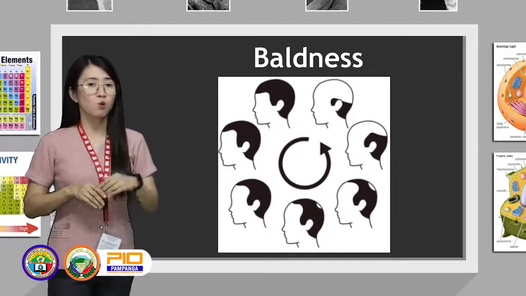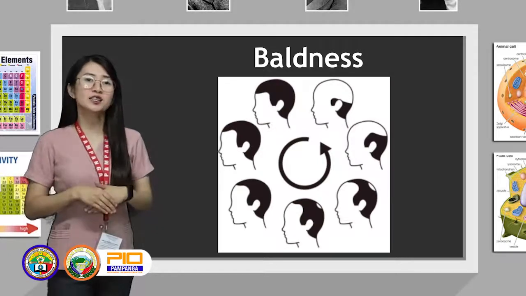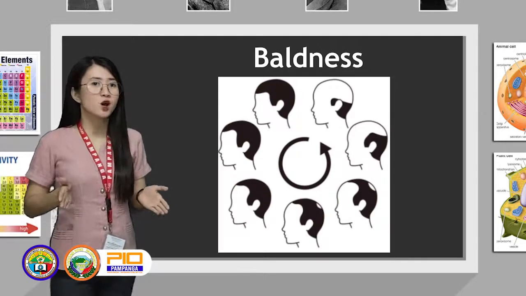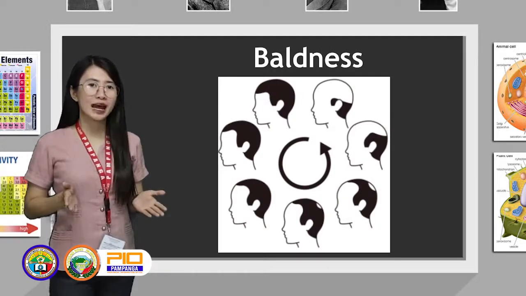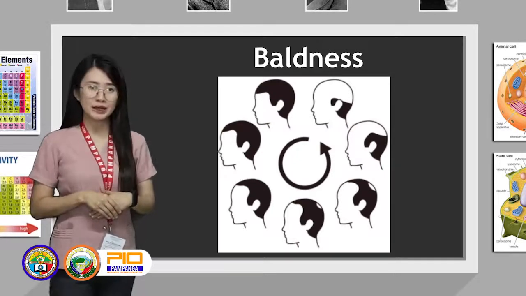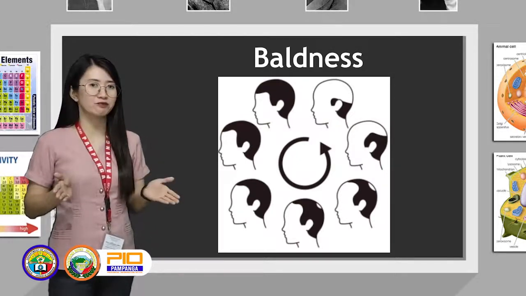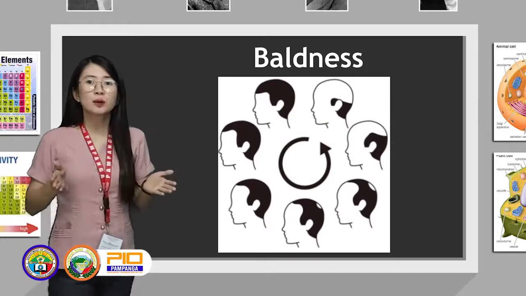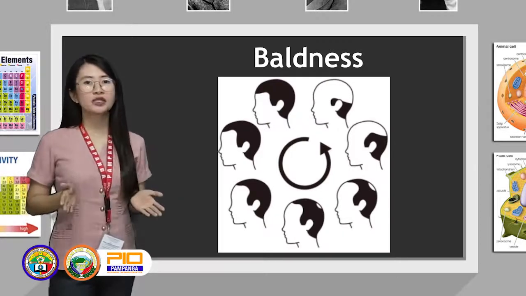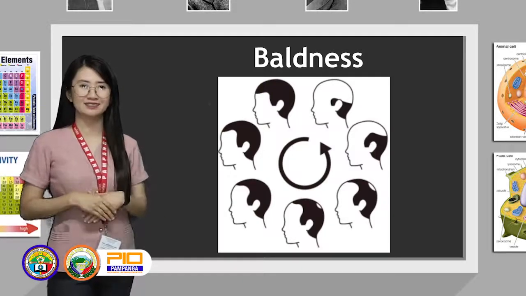This means that one baldness gene is enough to make a man bald. The genotype for males will therefore be homozygous dominant BB or heterozygous Bb. A woman must have two baldness genes to make her bald. The genotype will be homozygous dominant BB.